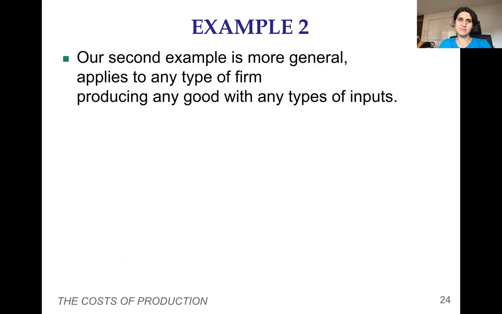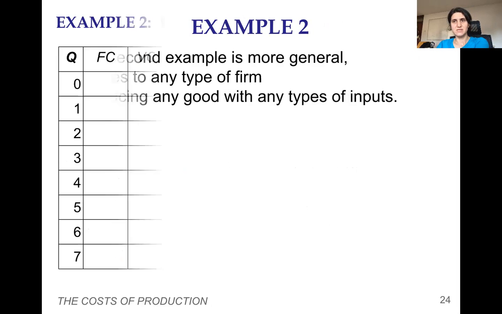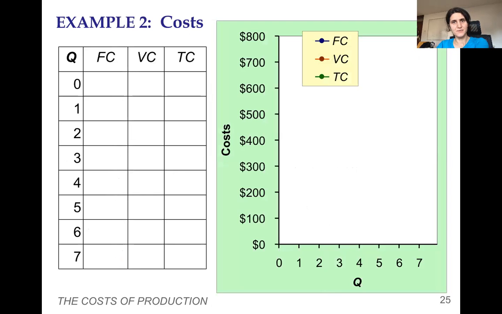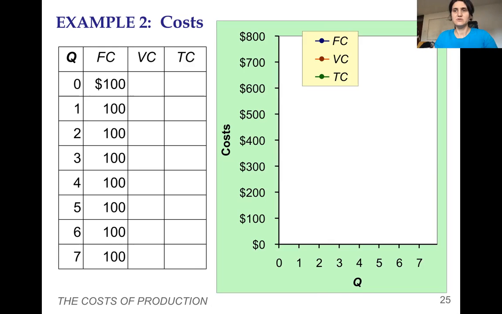So let's give the second example. This example applies to any firm, any type of firm producing any good with any types of inputs. Suppose the fixed cost is 100. Either you produce 1 unit or you don't produce anything, you are going to pay 100, and if you produce more, you are going to pay it.